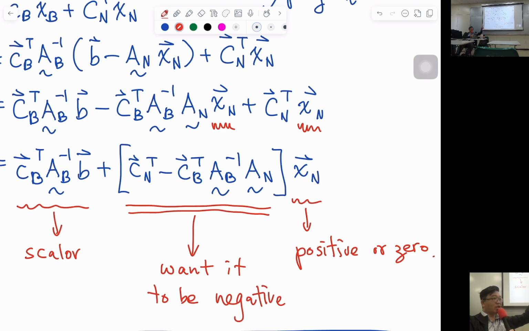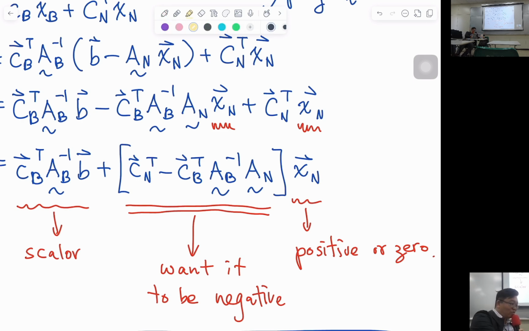Your current value of xn is 0, non-basic. So if you see the coefficient of 0 is something negative, that means you can try to enlarge xn. The negative coefficient multiplying some value that was 0 now being enlarged to something else, your entire objective function will reduce. Right? That's the trick of linear programming.